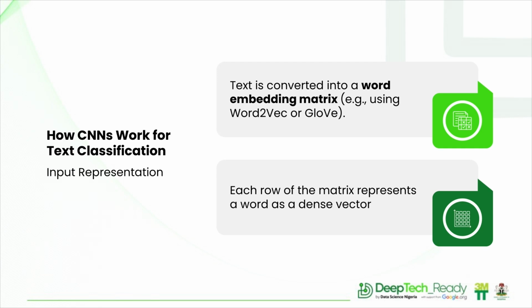Basically, this matrix serves as the input for the convolutional layers, which are then used to identify local patterns like n-grams within the sequence. This enables the convolutional neural network to understand and classify the text effectively.